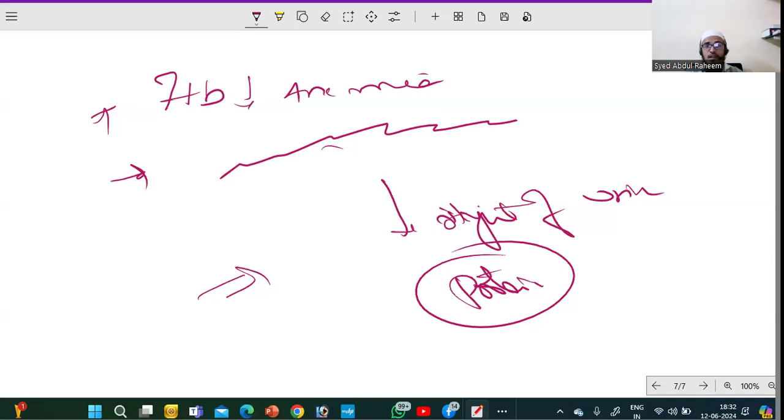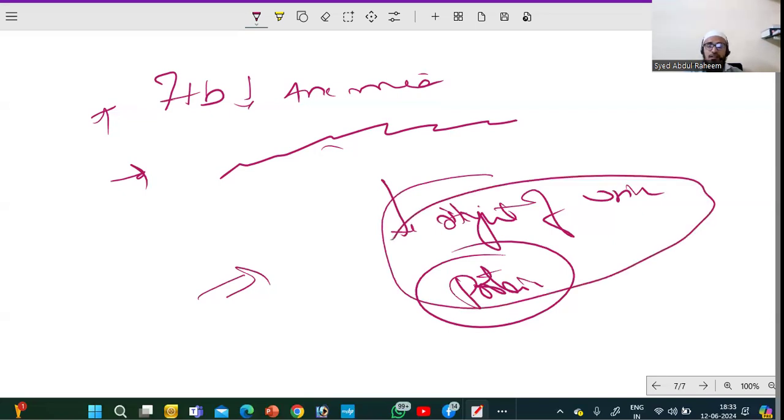So you can see albumin in the urine. This shows that the patient has chronic kidney failure. So it is very important to understand all these things.